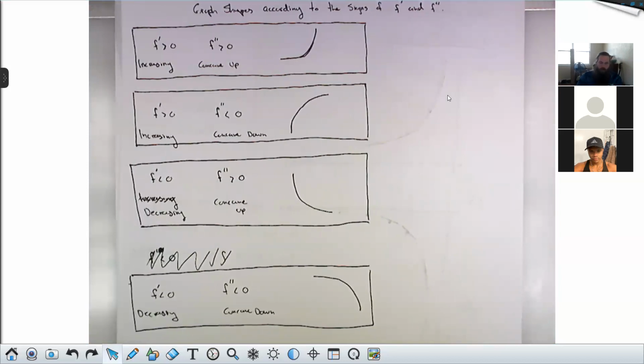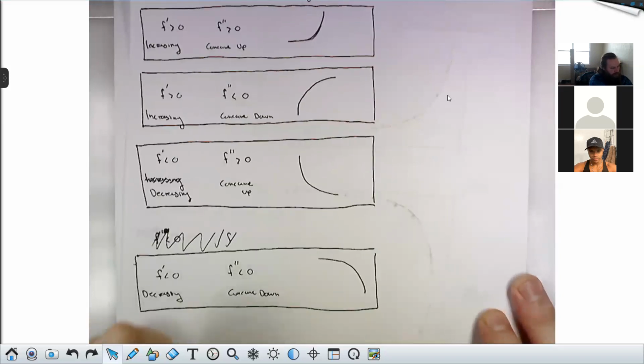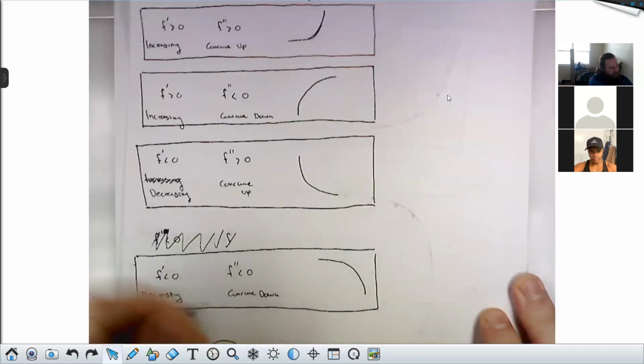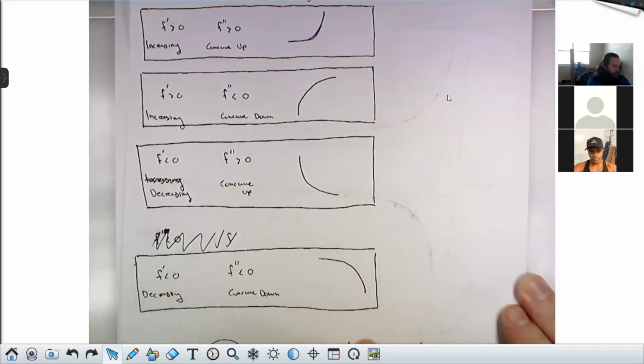We want to get good at recognizing from the picture whether we're talking about concave up or concave down. And we also want to get good at finding algebraically where we are concave up and concave down. So stuff like this in general, this is all concave down. And stuff like this in general, this is all concave up.